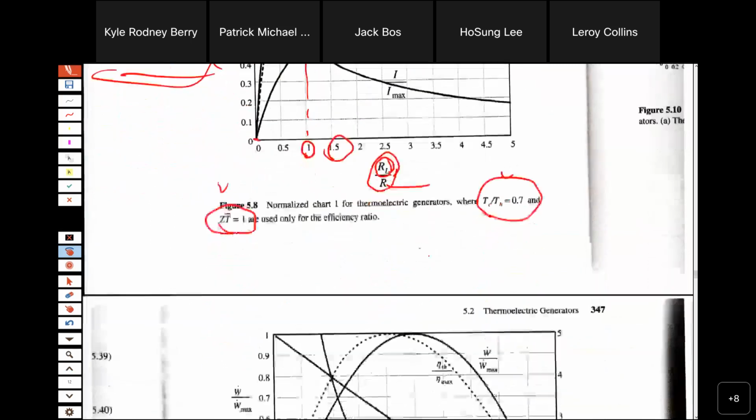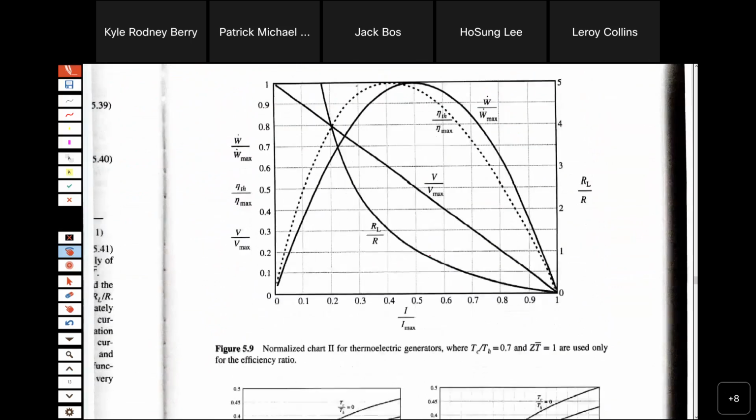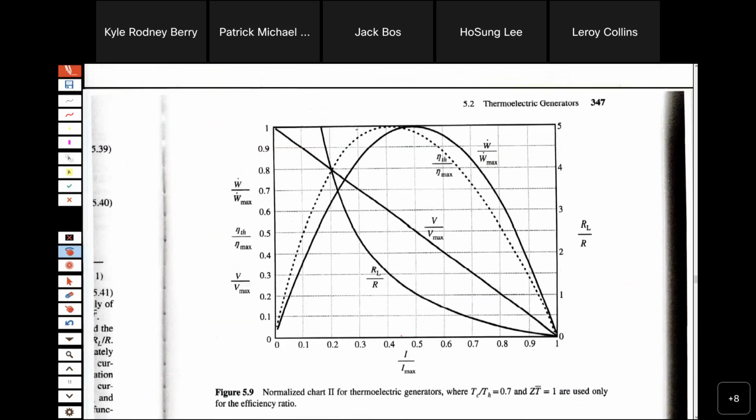Now, the same, but in terms of current, I can do that. In terms of current ratio, this is power, this is efficiency. So a very interesting curve of power. 0.5, I think, exactly the center, and the maximum power.